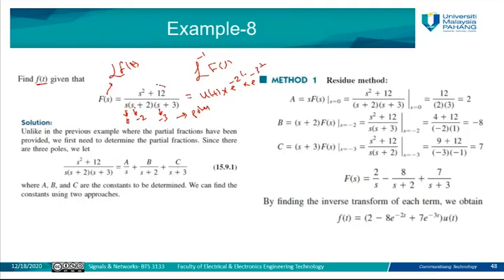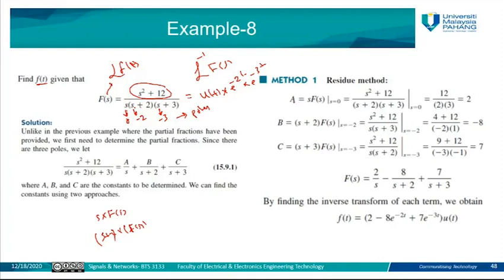You may ask, where is this other part? This part will be considered when we do the multiplication of F(s) times the pole, for example s, or (s plus 2) times F(s). So in this case, we are going to consider the value of this numerator. Okay, so how do we find A here?